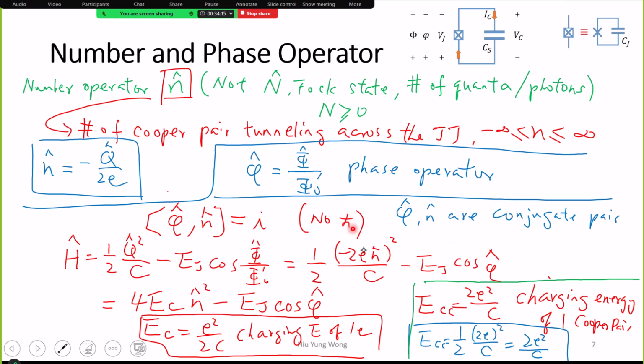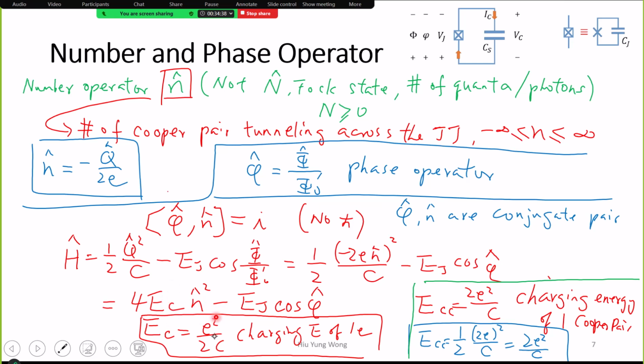And they obey this commutation relationship. There's no h bar, however. And then we convert this equation to this form. Now the Hamiltonian is a function of the number operator and the phase operator. And then I confused you by this EC definition.